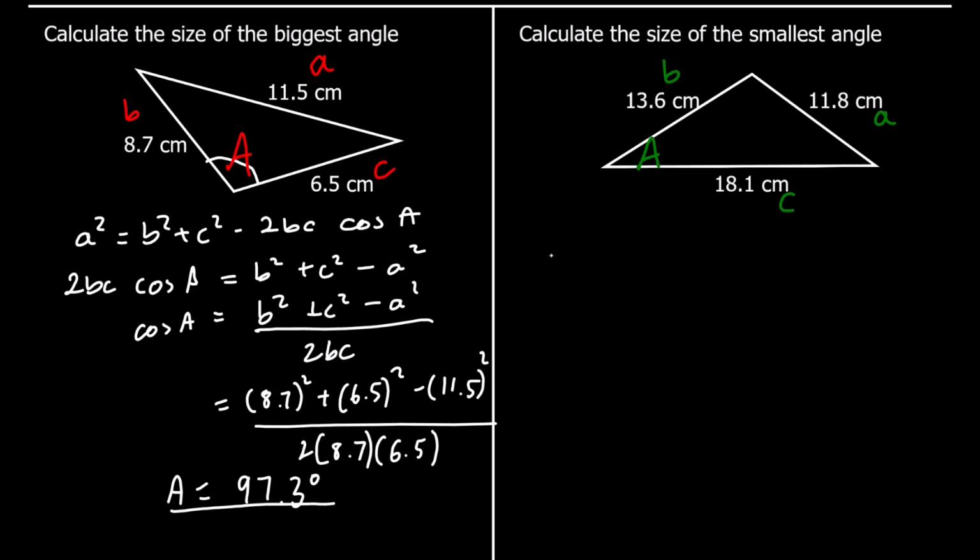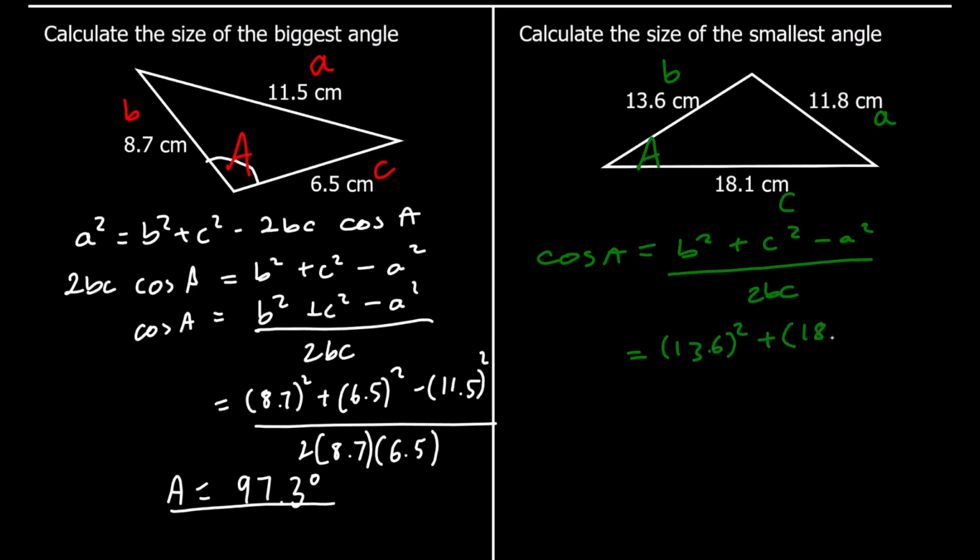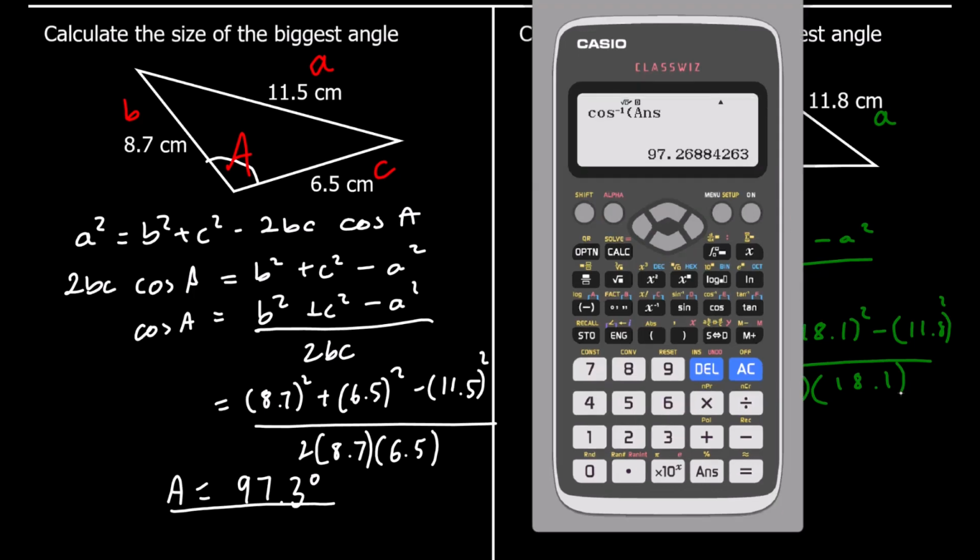So cos A is b squared plus c squared minus a squared over 2bc. So that's 13.6 squared plus 18.1 squared minus 11.8 squared over 2 times 13.6 times 18.1. So this is going to be cos A.